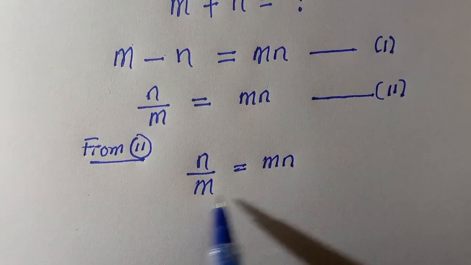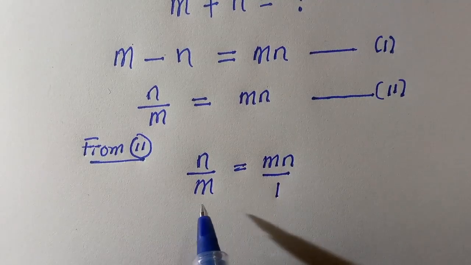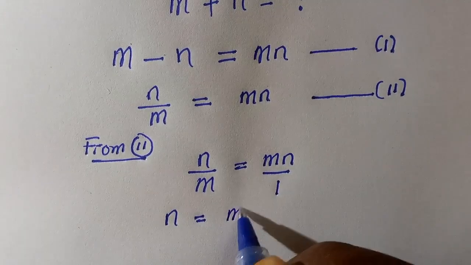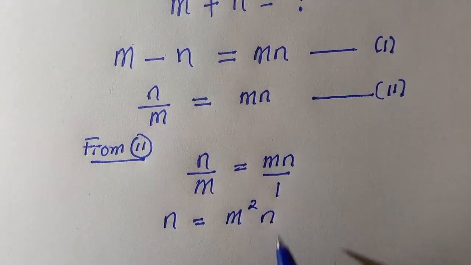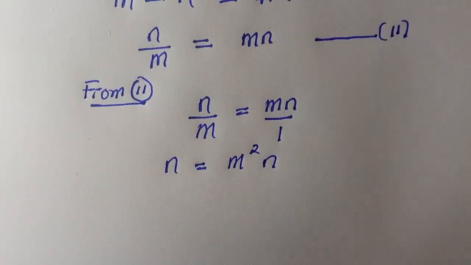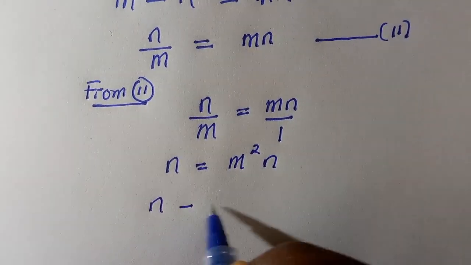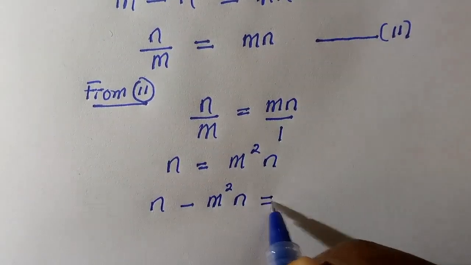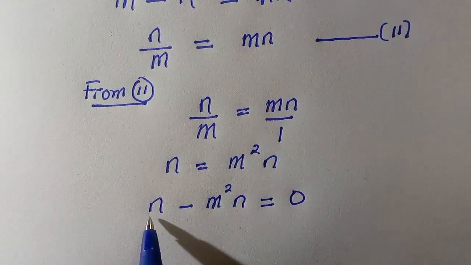And if I cross multiply, we are going to have n equals m times m, which is m square, then here is n. So by taking the whole of this here, we have n minus m square n equals 0. So here we have n that is common.